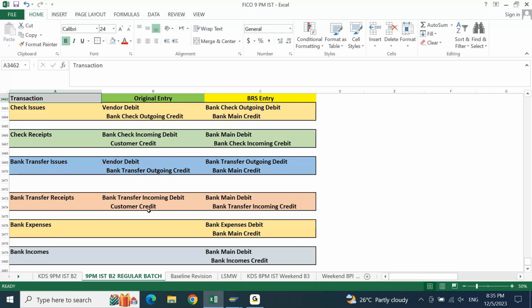Whatever logic you decide, make sure you keep the same logic. If you decide to create the account ending with 1 for check incoming, then keep the same logic throughout your entire practice. Whatever the company code you practice, make sure you remember 1 as check incoming, or if you want to create 1 as check outgoing, remember the same thing throughout, because you are not supposed to get confused there.